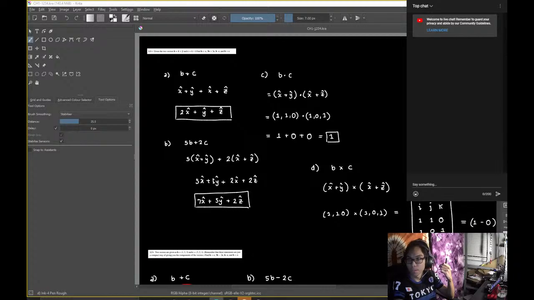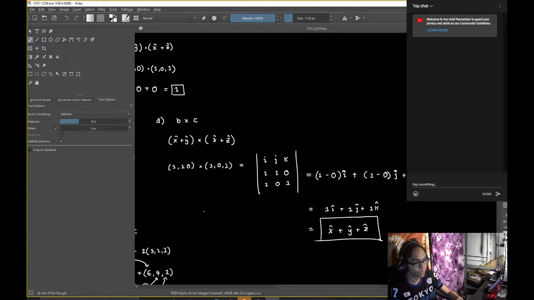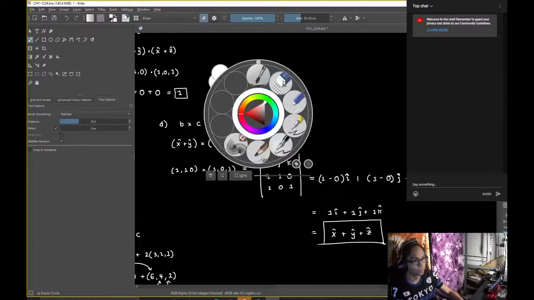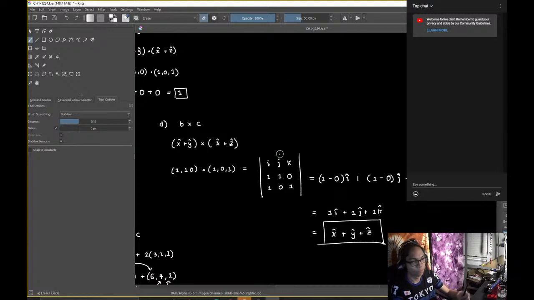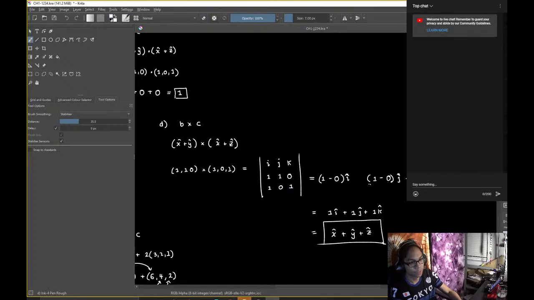For 1.1, I actually made a mistake on the cross product, where I did not fully follow the entire definition. Did I say dot product? I meant cross product. So the cross product of this one is actually a negative.